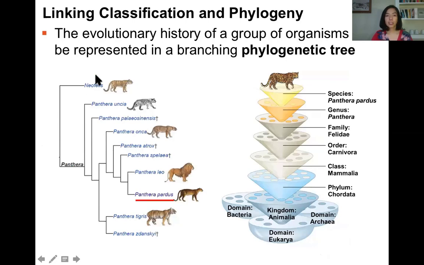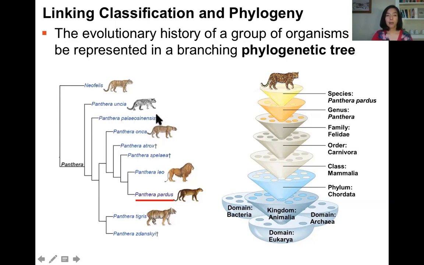This is a phylogeny. A phylogeny is a hypothesis of evolutionary relationships. This is Panthera pardus, the same that we were looking at before. All of the species in this tree are from the genus Panthera, right here. So we have Panthera uncia, Panthera paleosinensis.